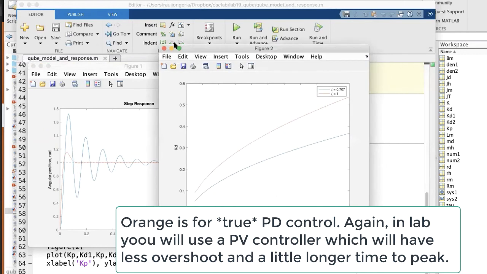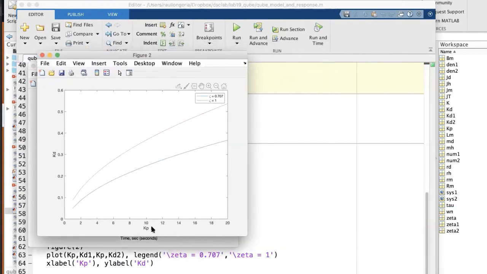This other little chart I wanted you to see is, look, for a range of KP values, I can see what KD value for a given zeta. So like this is zeta of 0.1. If let's say I had a KP of 10, I can go up here and find from the Y there, I can set my KD to 0.36 and it should give me a zeta of 1.